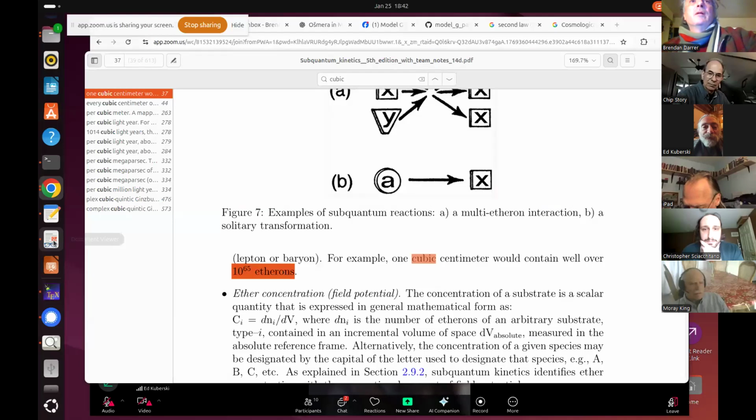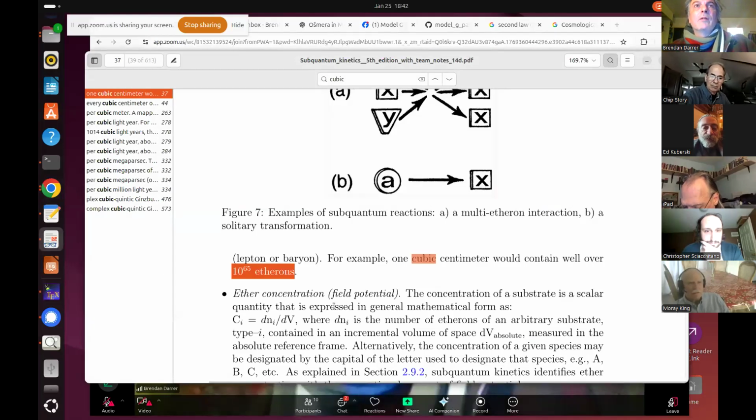We realized that the etheron is the same toroidal structure that the electron is, and then of course Pavel comes along and says protons and neutrons are also made up of these same exact structures. If you look up the Turing wave, Brendan, that's where the description of the size and how it functions is.